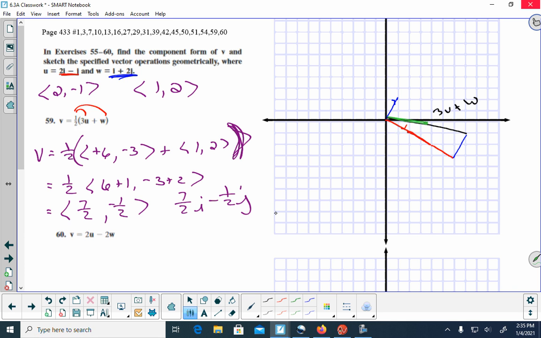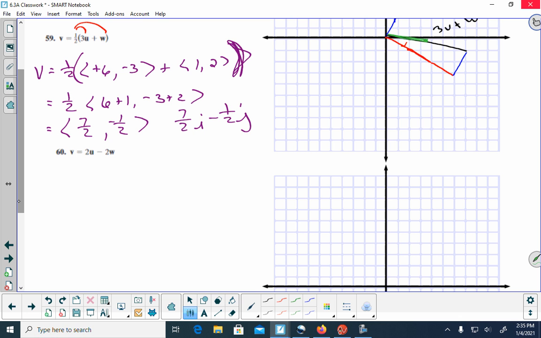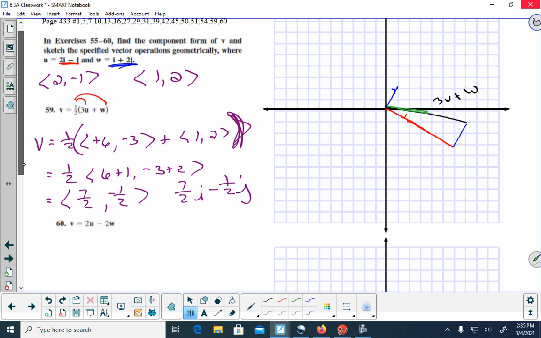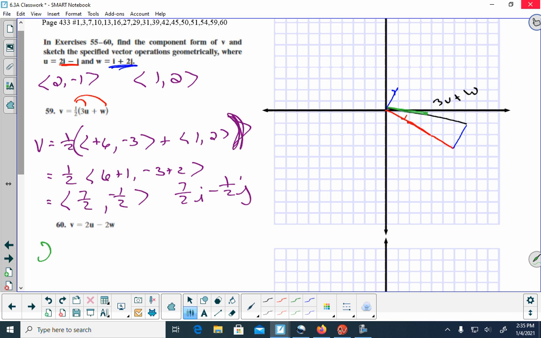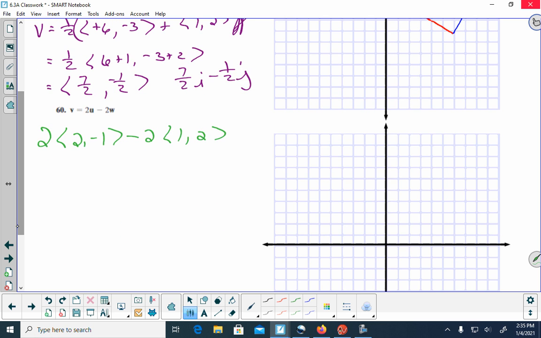Another way is I could have distributed the 1 half and done 3 halves and 1 half, and then add those two together. Doesn't matter. All right, now I'm doing 60. So 2U minus 2W. So 2 times 2, -1, minus 2 times 1, 2. If I have a minus, I like to distribute the negative sign and make it plus.